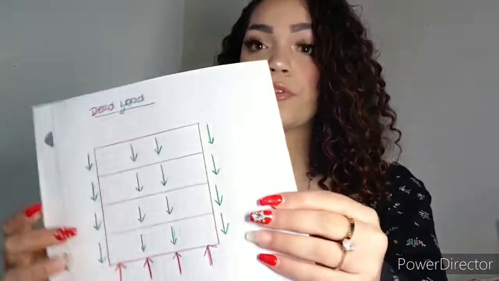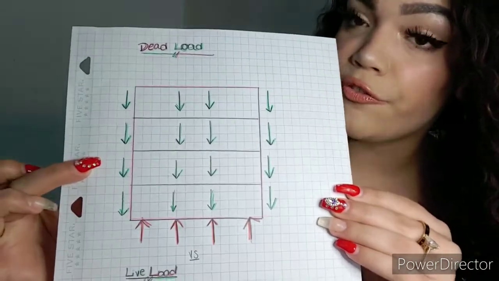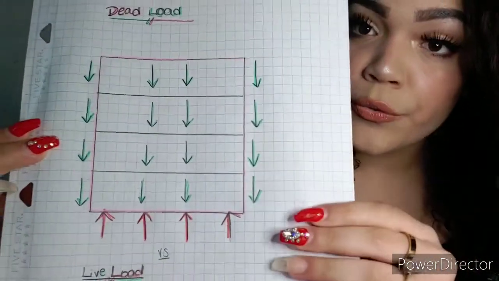So I prepared a little illustration of the load path for dead loads and also the load path for live loads, and I'm just going to be showing you that so you can compare. So first off, here is the load path for the dead load.